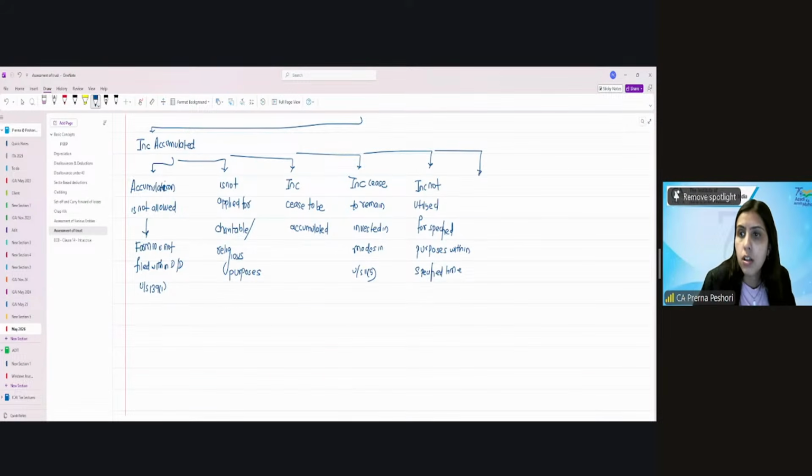Or the income is paid to any trust. In that particular case, it is considered as deemed income, isn't it?